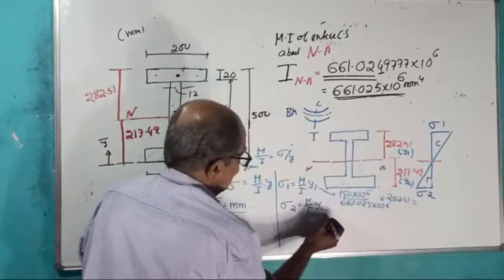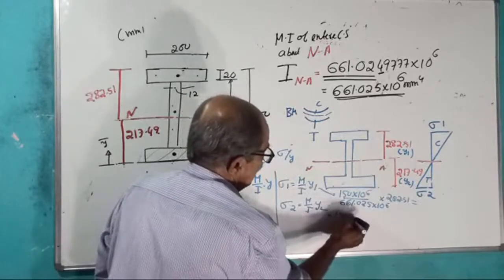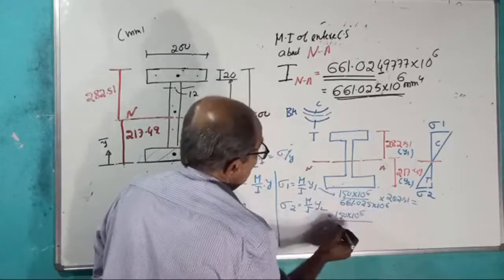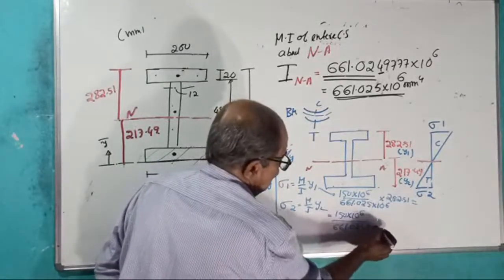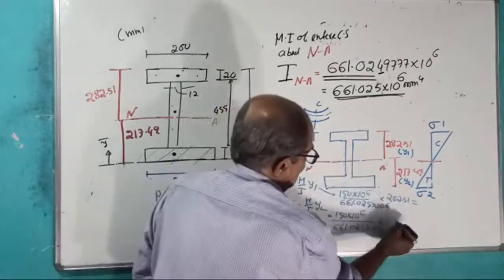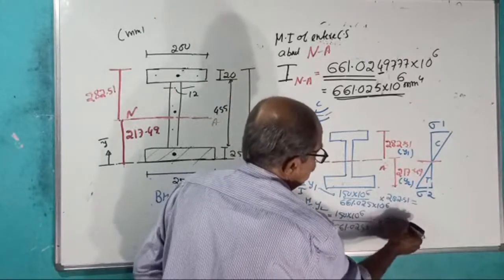The answer I require. And this is 150 into 10 to the power 6 divided by 661.025 into 10 to the power 6, into Y2, which is 217.49.